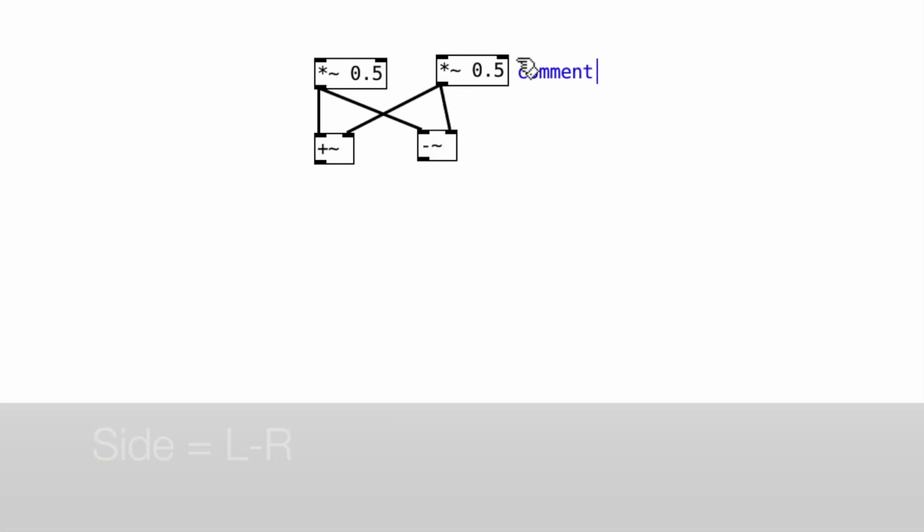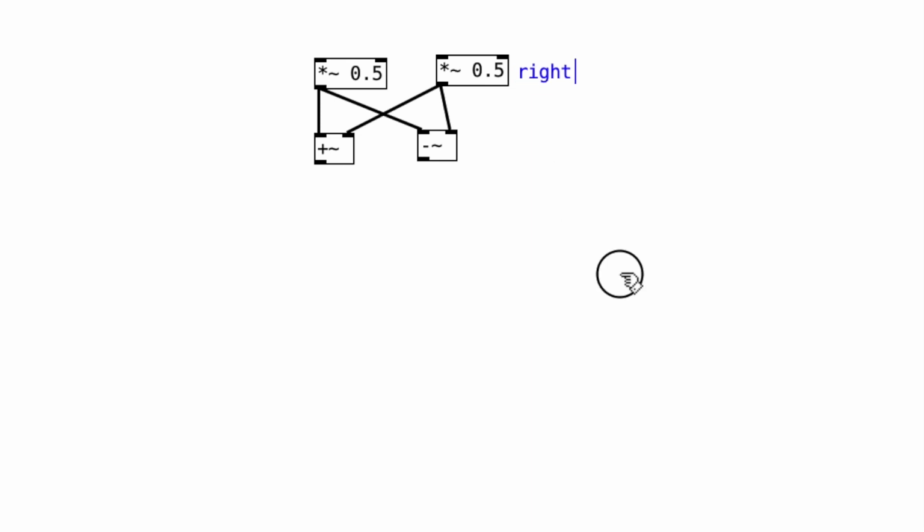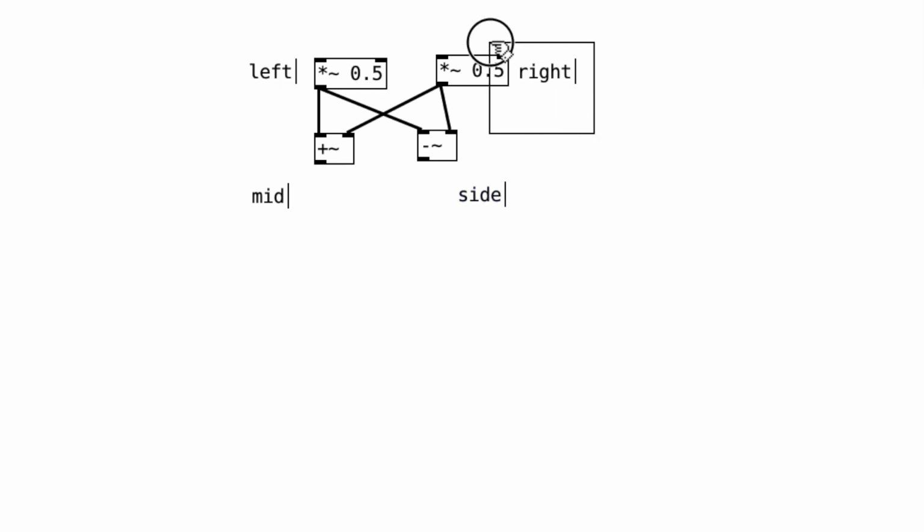Command 5, right. Command 5, left. And then at this point, Command D, this is going to be my mid, and this one is going to be my side. Okay, so that's all I need to encode things into mid-side.